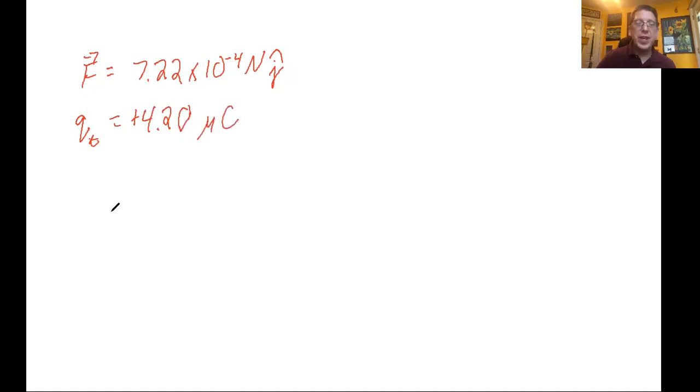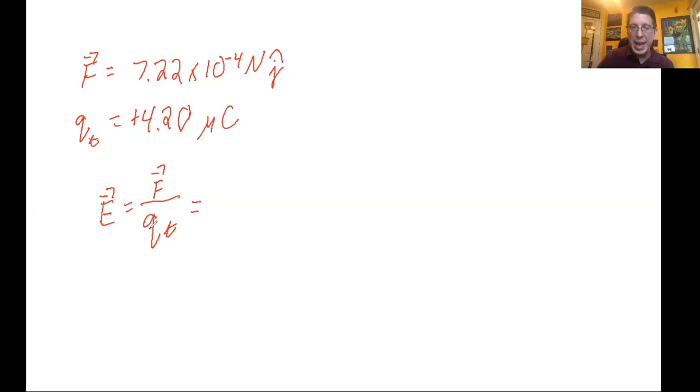So the electric field, again, it's newtons per coulomb. The electric field vector is equal to the force vector divided by the test charge. Now, the test charge is positive, but the sign does matter.